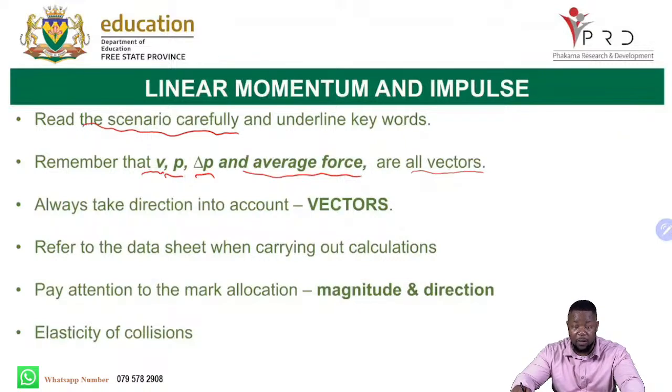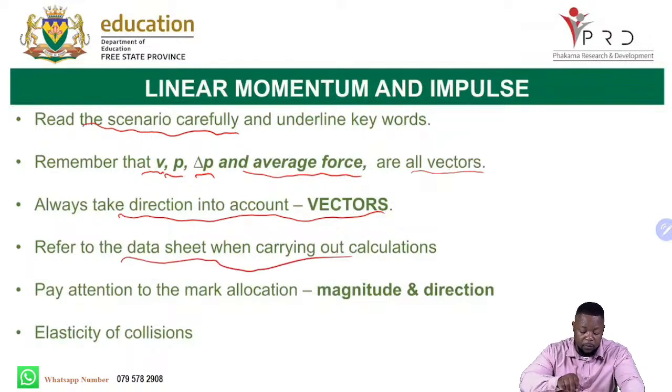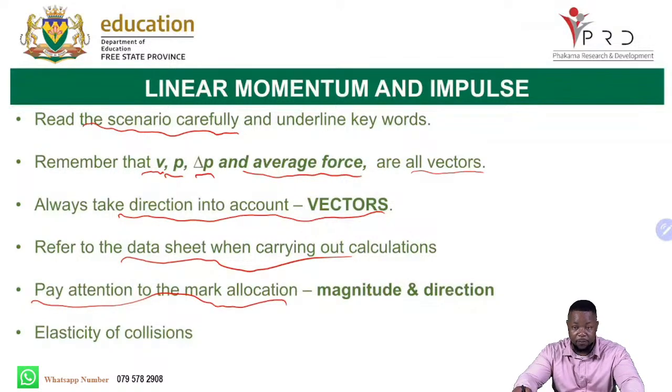They have both magnitude and direction. So when you are dealing with momentum problems, it is very important to take direction into account at all times. Choose the direction which you want to be positive. Refer to the data sheet all the time when carrying out any calculations, and pay attention to the mark allocation.